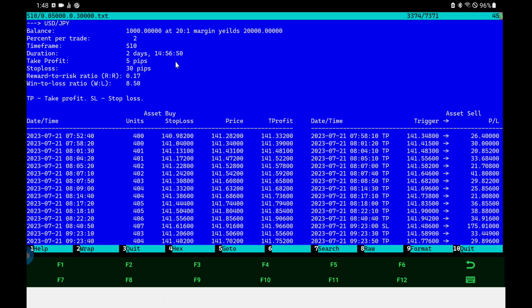Now, if I was to trade this unleveraged, that means my position would be $400, or 40% of my balance. And that is an insane risk level versus 2%. So my actual buying power is $20,000 with leverage versus the initial $1,000 budget.